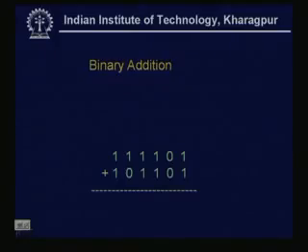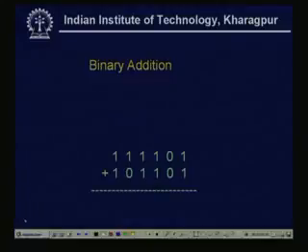In binary we have only 2 values, because the base is 2, the 0 and 1 values. So, first I have to define binary addition. First, how are these binary digits added?